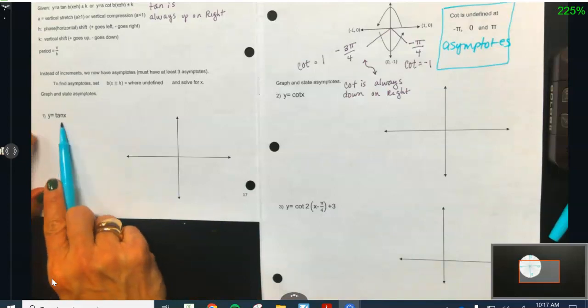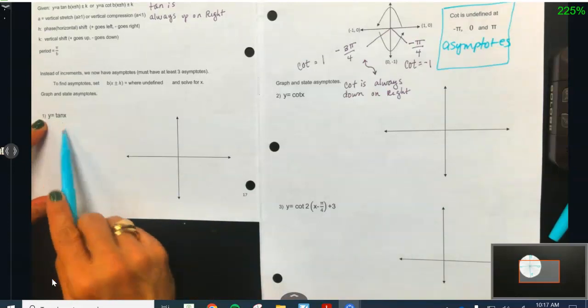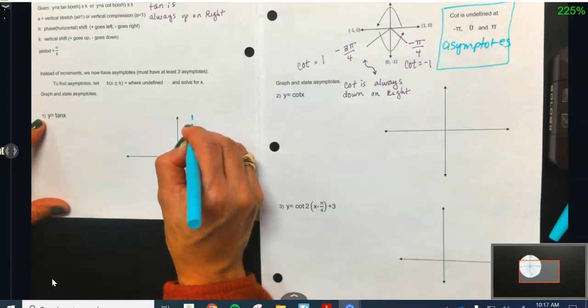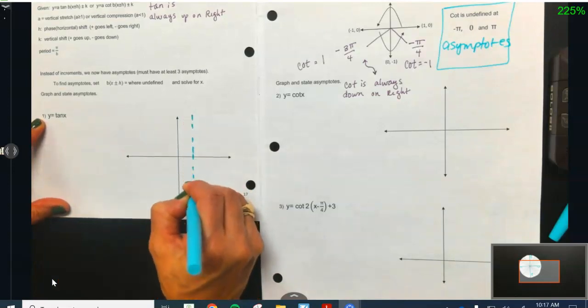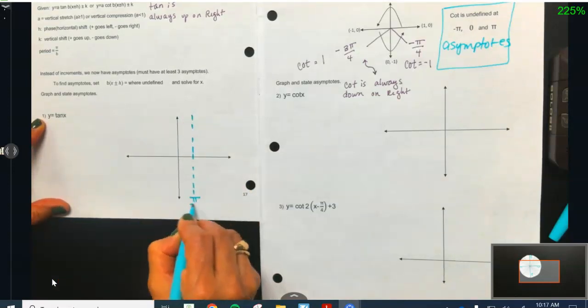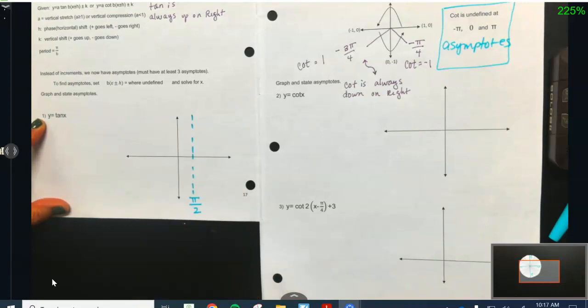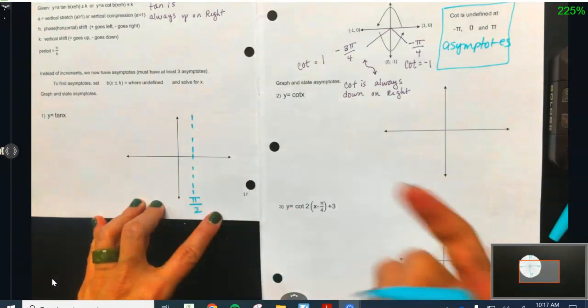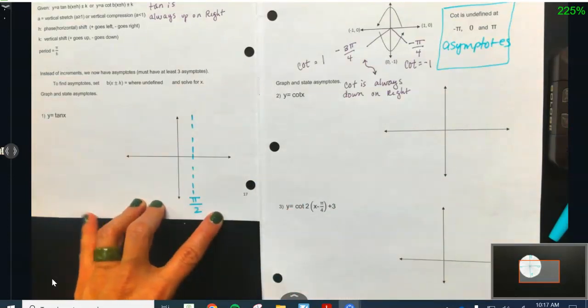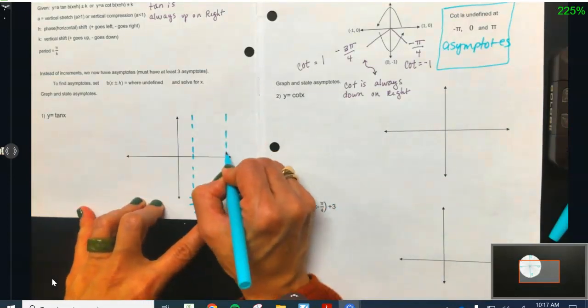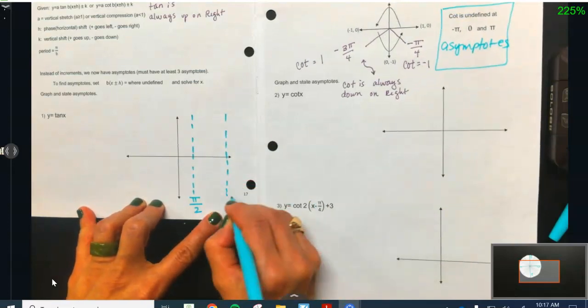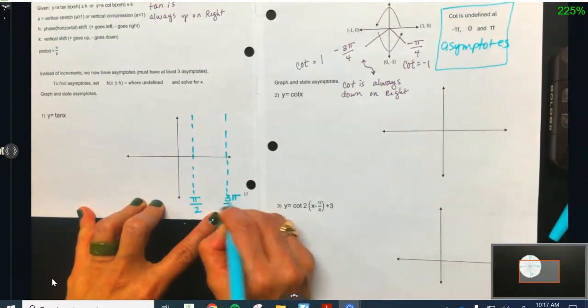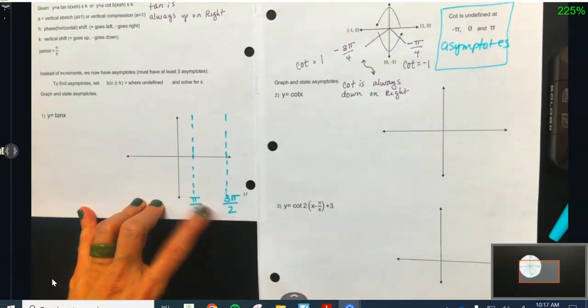I'm going to focus on tangent right now. What do I know about tangent? I know that it is never going to have anything at positive pi over 2. I know it's never going to have anything at the bottom of the circle. If I go in the positive direction, the bottom of the circle is definitely 3 pi over 2, for sure.